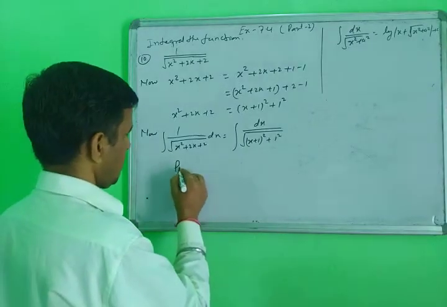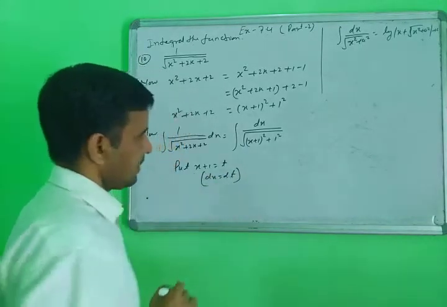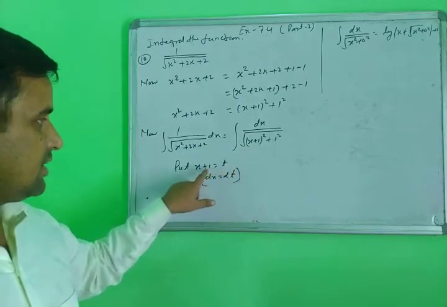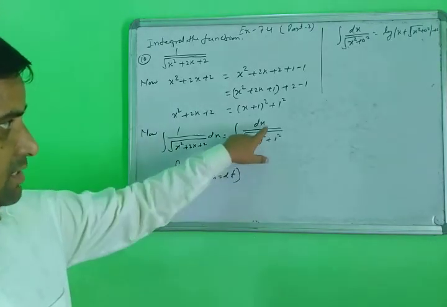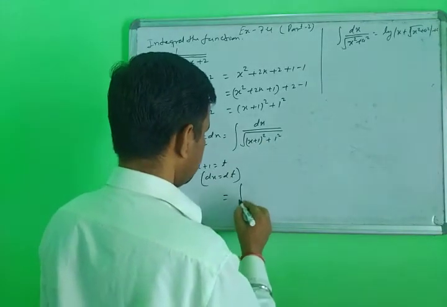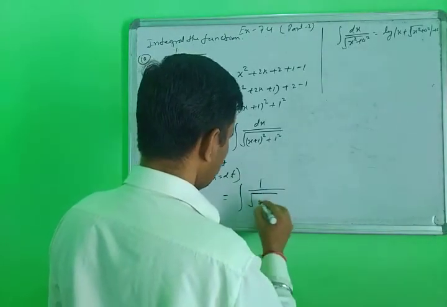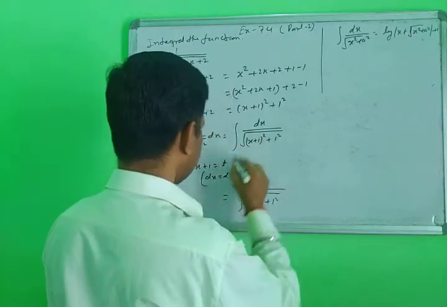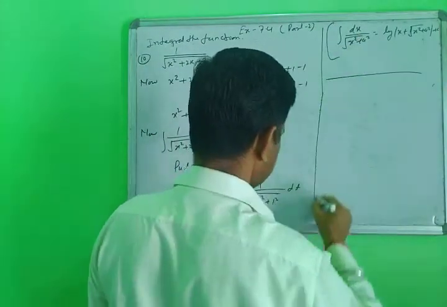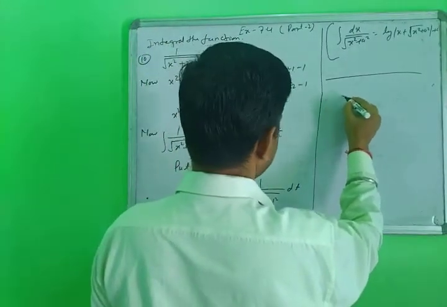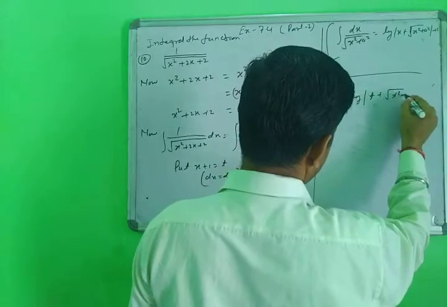Now put x plus 1 equal to t, which means dx equals dt. Substituting x plus 1 as t and differentiating, dx equals dt. So the integration becomes 1 upon square root of t square plus 1 square, with dt. Using the identity, the result is log t plus root t square plus 1 plus c.